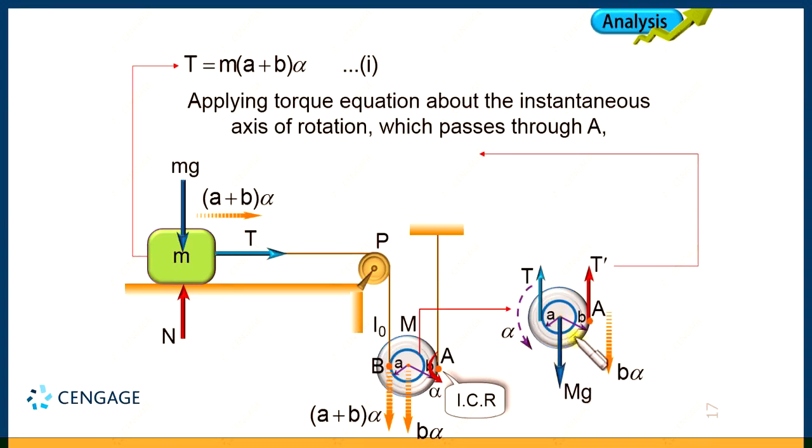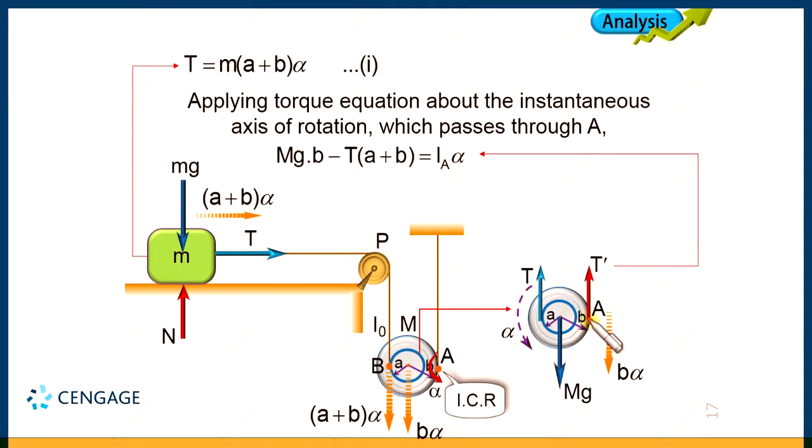The torque about A of force Mg is Mg multiplied by B. Torque of T dash will be 0 and torque of capital T will be T multiplied by (A plus B), and clockwise will be negative. That means net torque about A is Mg multiplied by B minus T multiplied by (A plus B), equal to IA multiplied by alpha.